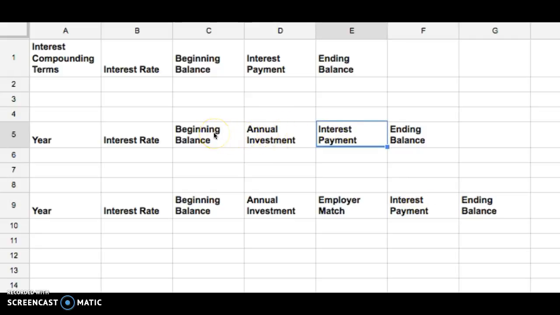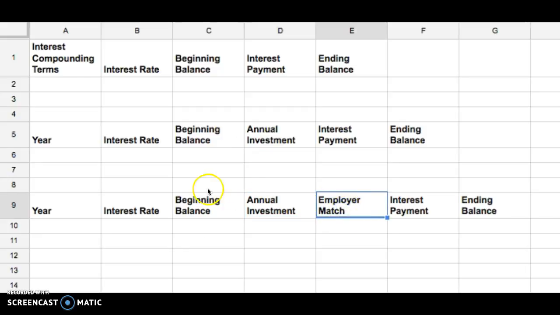Well, what money is in the account? Beginning balance is the amount of money in the account at the beginning of the year. Annual investment is the amount of money I'm adding into the account this year. So both of those are money in the account. On the next one, we have those, but we also have money the employer is putting in.